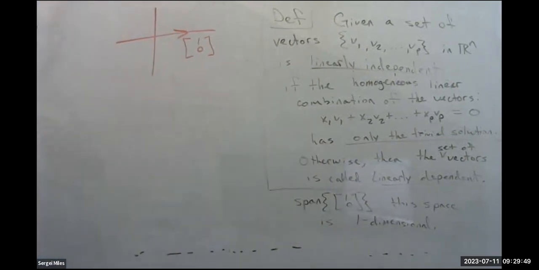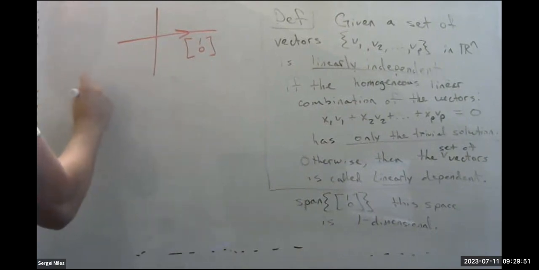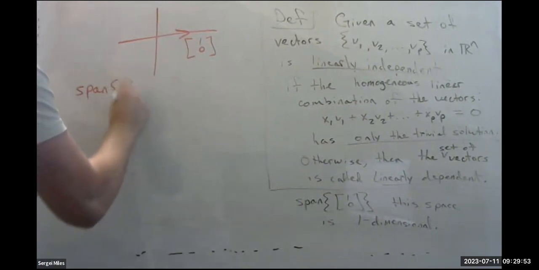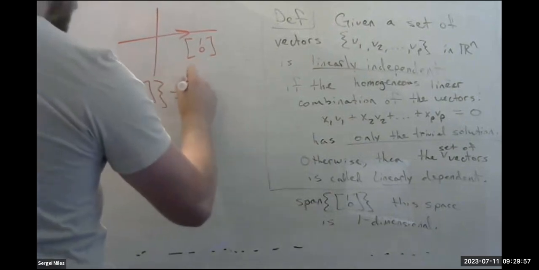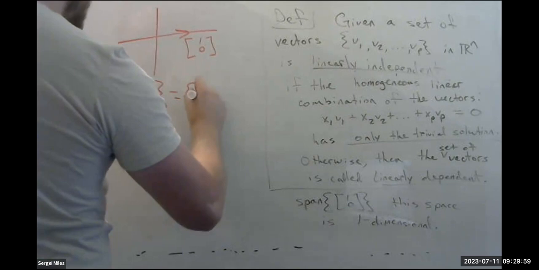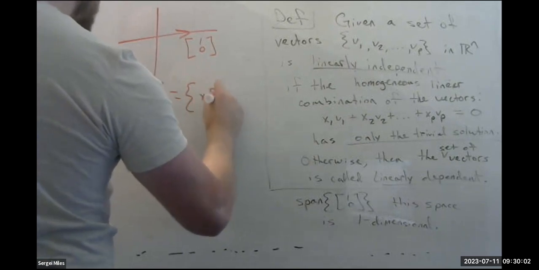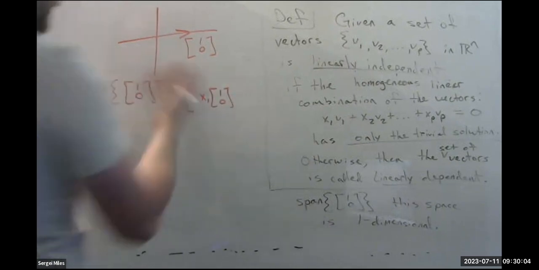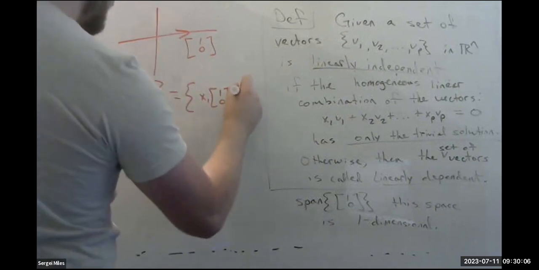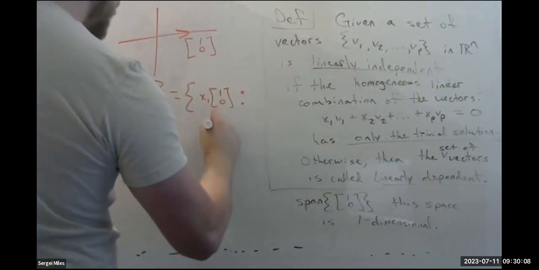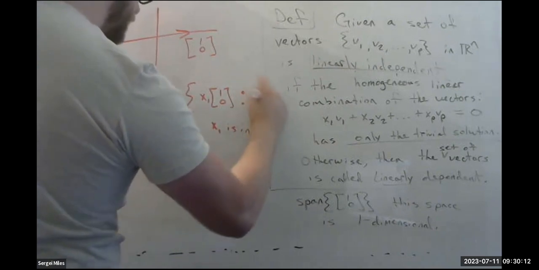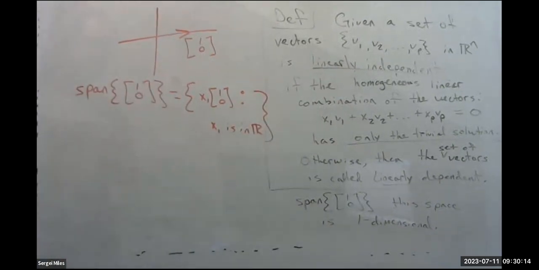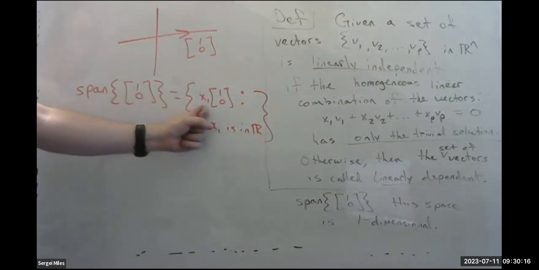This span is the set of all possible linear combinations of that vector, and there's only one vector here, such that x1 is in R. It's a real number. This is what the span is, the set of all possible combinations.